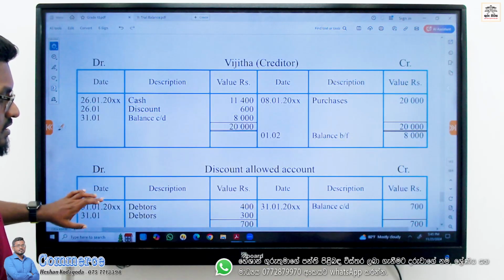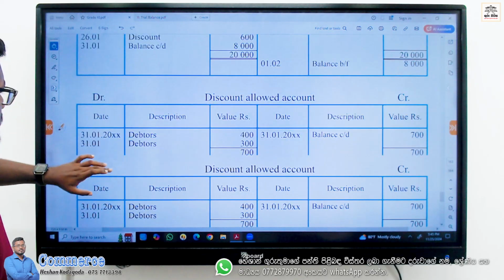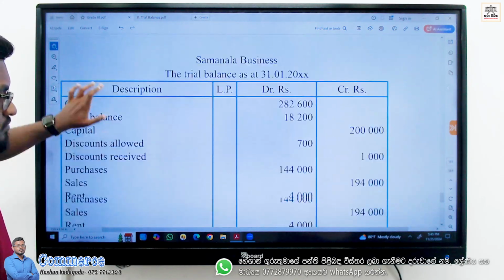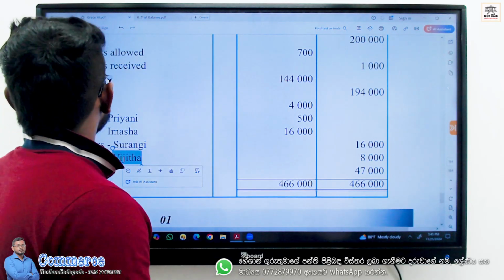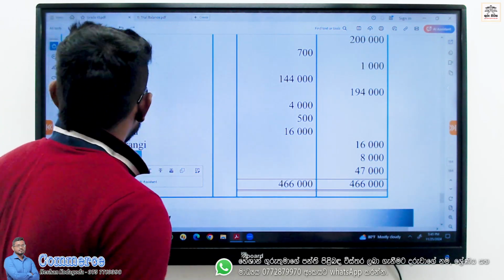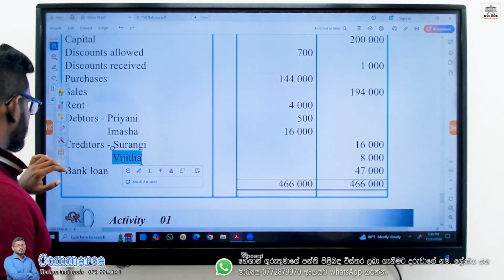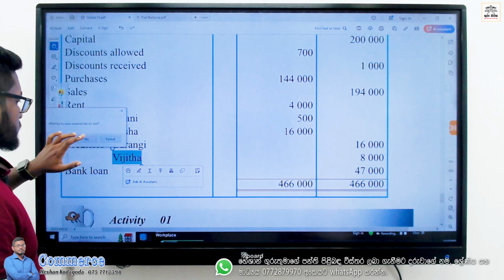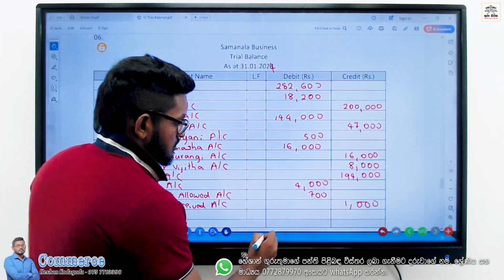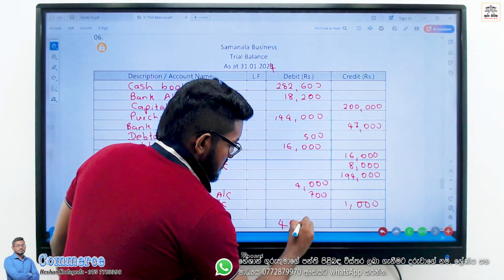Once we balance it, we can get to know what is the total. You know the total, both sides are balancing to rupees 466,000.